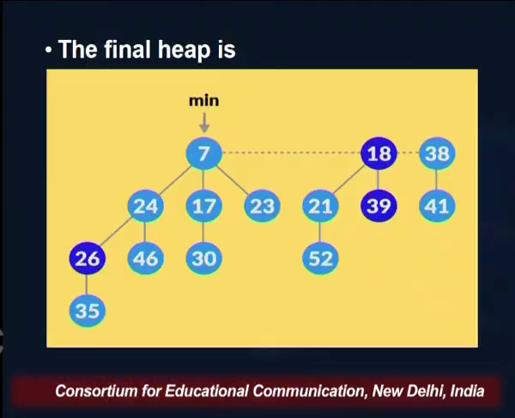That means there cannot be 2 trees with the same degree once we are done uniting them. So one tree of a particular degree in a Fibonacci heap is going to be the final call, and here we have seen this with the help of one example, and the final heap is here.